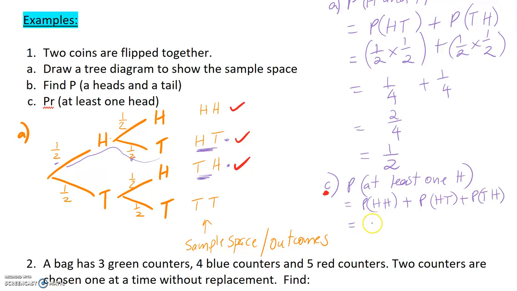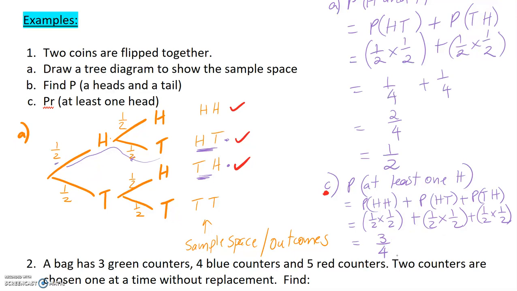Now we can work out that the probability of HH would also be half times half, plus half times half, plus half times half, which gives us 1/4, 2/4, and another quarter, a total of 3/4.